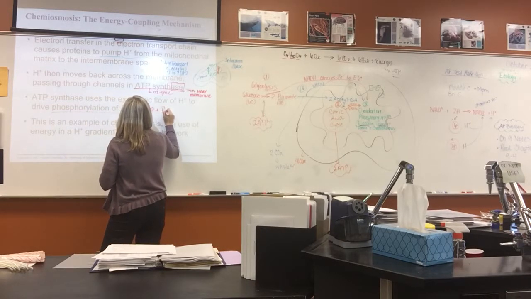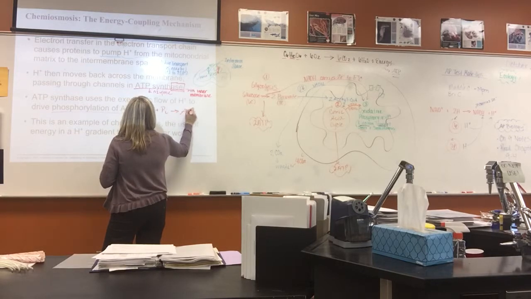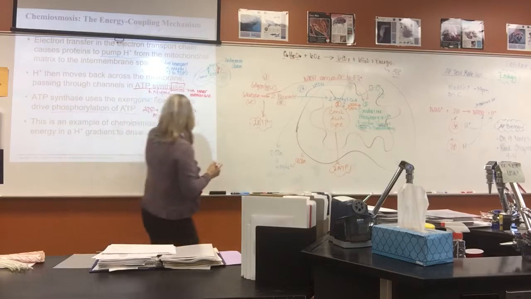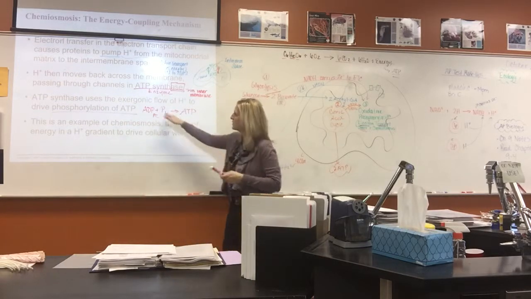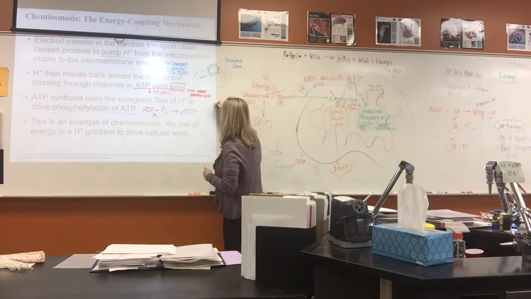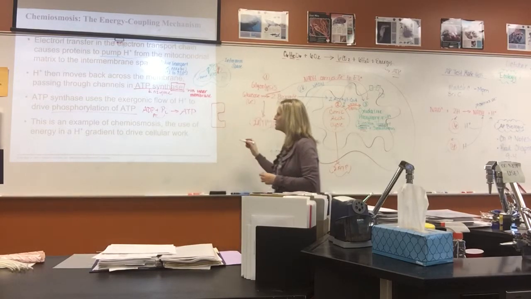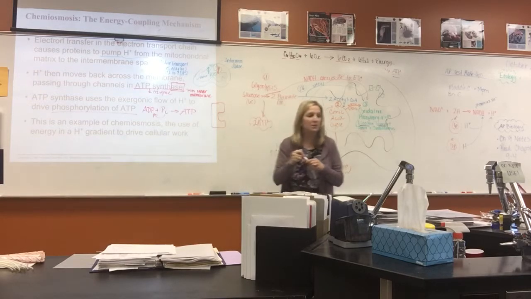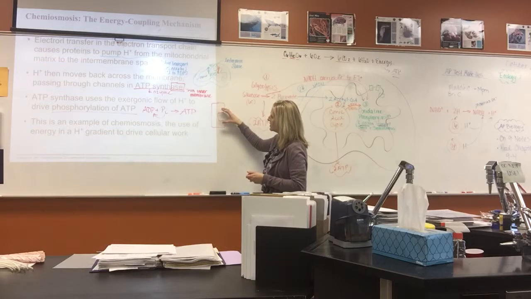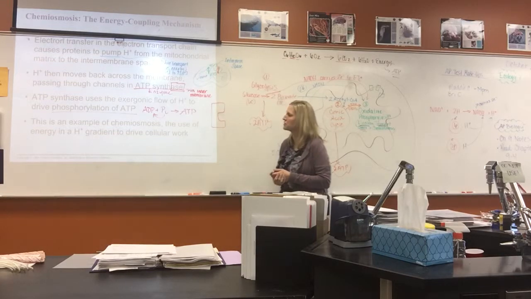It puts the phosphate back onto ADP to make ATP. Remember, an enzyme has a specific shape, and the shape determines the function. The active site has to be the right shape in order for ADP and a phosphate to come in and this enzyme to put those two together.